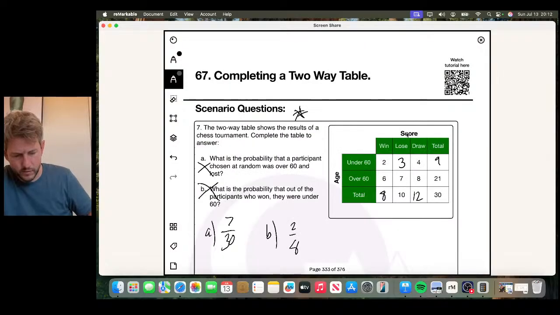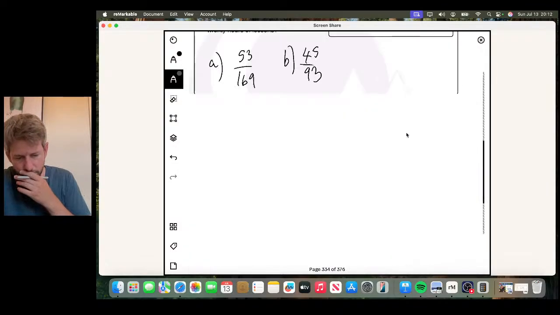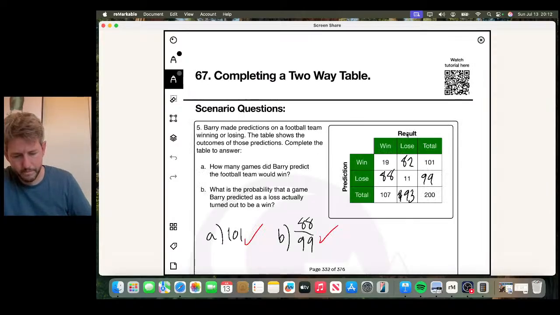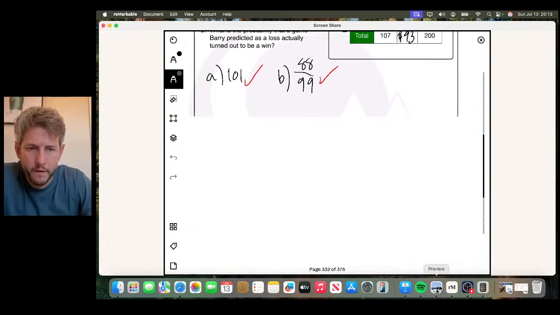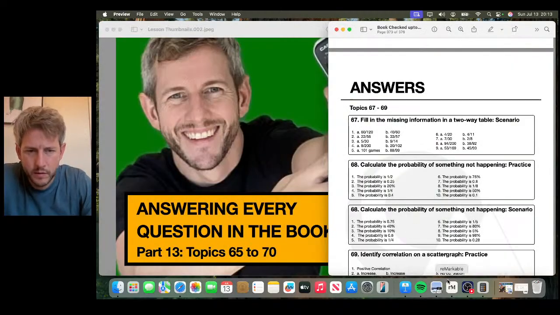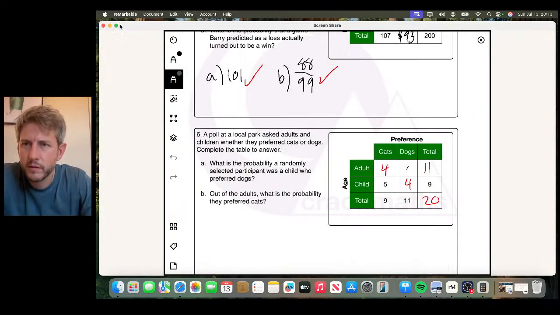Okay, was there a 10th one? I feel like there won't be. Yeah. Okay, right, so first things first, let's mark, and then let's correct.